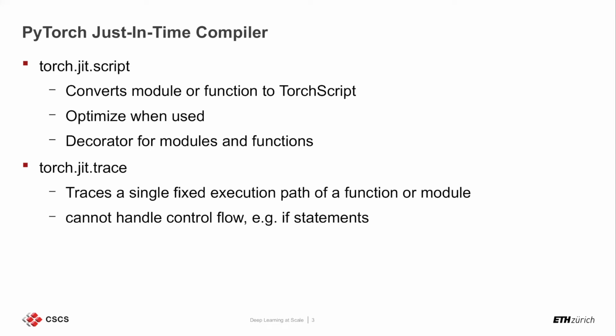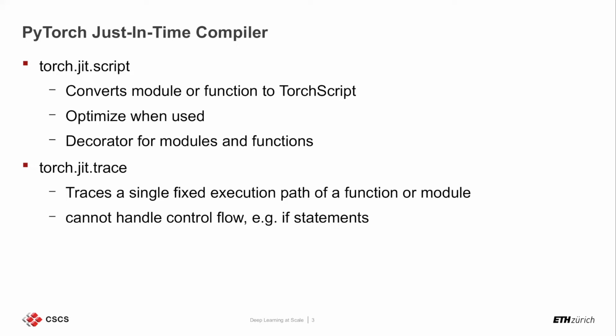There is torch.jit.script, a function that you can give a module or a function, and it's going to convert it to TorchScript. Again, it's not going to optimize it straight away, but it will be optimized as soon as you start using it. So you should always expect some warm-up, with a change in performance after the warm-up. It's also a decorator that you can add to your modules or functions, so it's pretty handy.